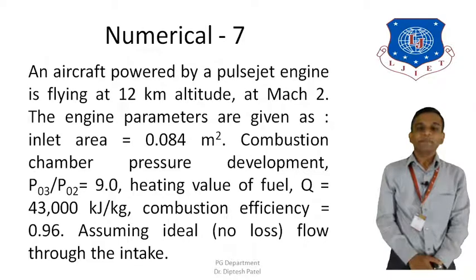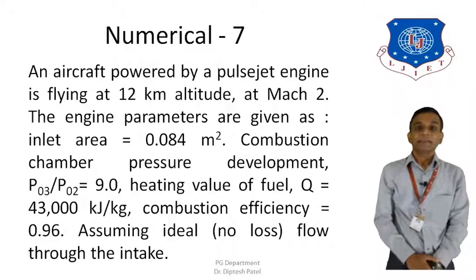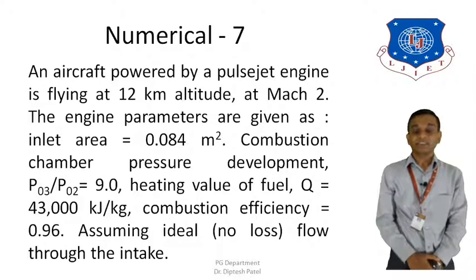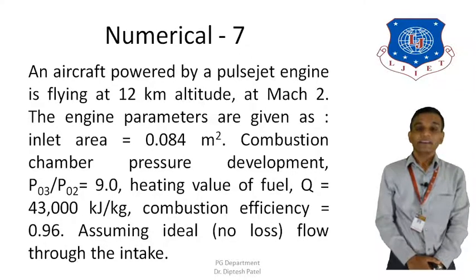Furthermore, the engine parameters are also given. The inlet area is 0.084 meter square, the pressure ratio in the combustion chamber, PO3 to PO2, is 9, the calorific value of fuel is 43,000 kilojoule per kilogram, and the combustion chamber efficiency, eta C, is 0.96.